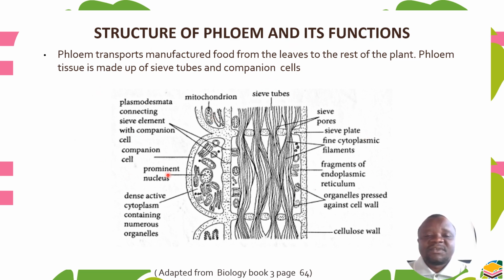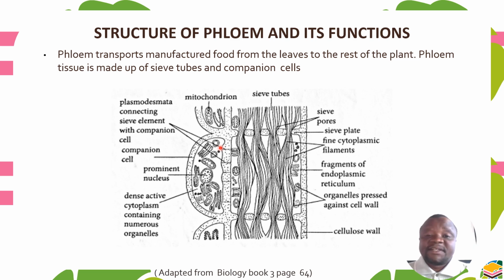So we have said it consists of the sieve tubes as well as the companion cells. These are the sieve tubes, and the companion cells have active, dense cytoplasm because they have several organelles that perform particular functions.